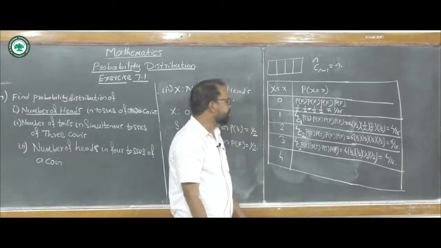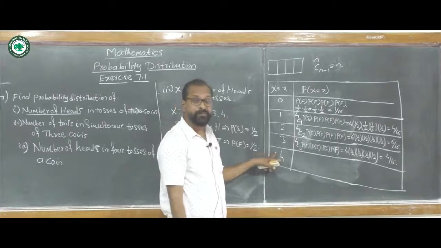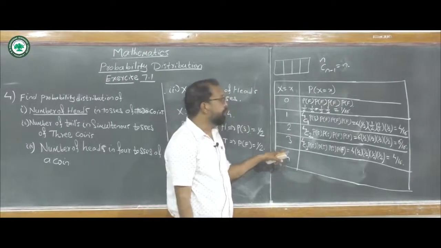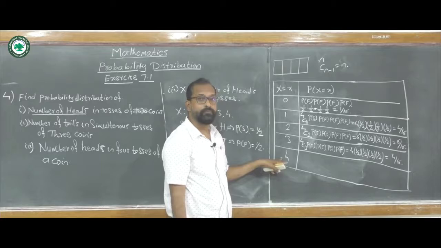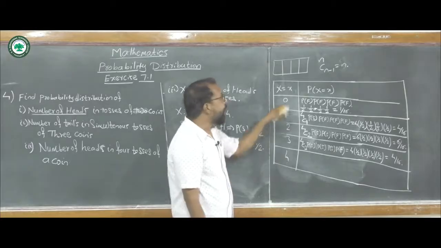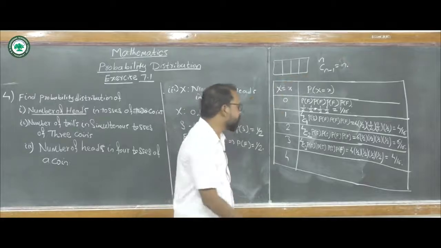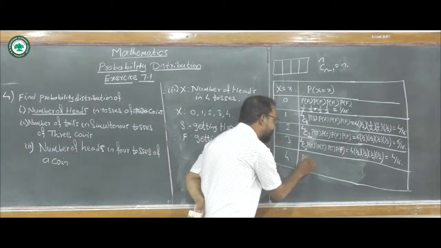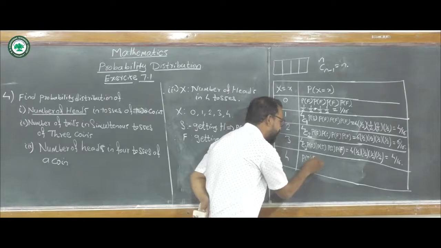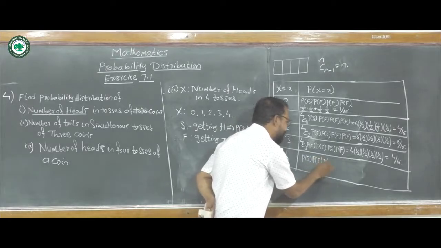Now observe here, when we take 4 heads, or random variable X takes the value of 4, that gives all possible places filled with heads, and so we get probability of success in each trial.